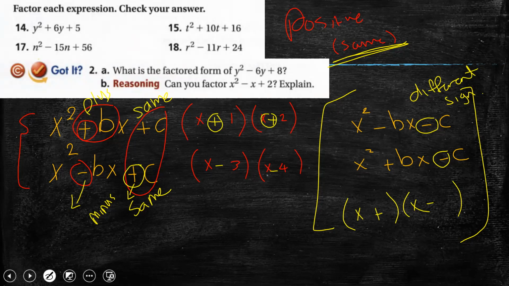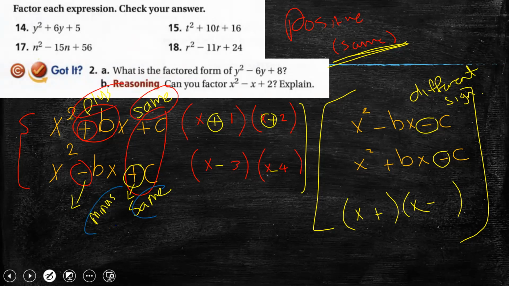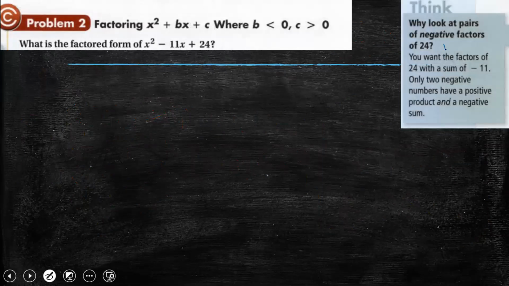In the first one here, we said it must be the same. If you see positive C, we must have the same sign, could be same plus or same minus. Here, since the sign of C is negative, it means it's different.